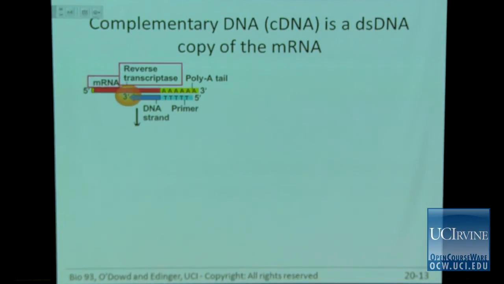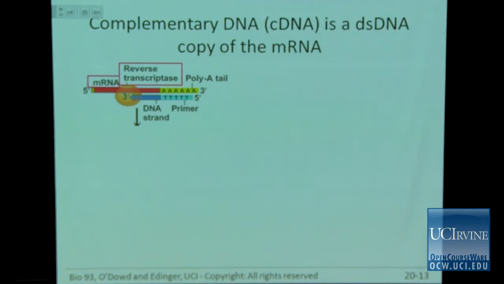Then we're going to copy it with a new enzyme that we haven't talked about in this class, reverse transcriptase. It's got that -ase on the end, so you think it's an enzyme, which it is, a protein again. This is going to do reverse transcription. So now this is going to convert RNA into DNA, the reverse of normal transcription.